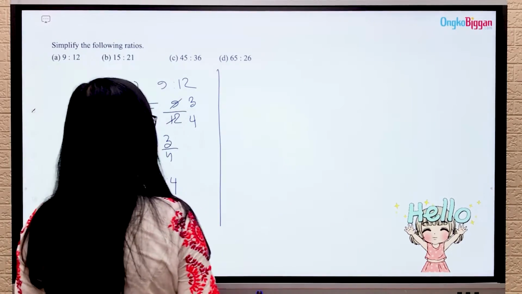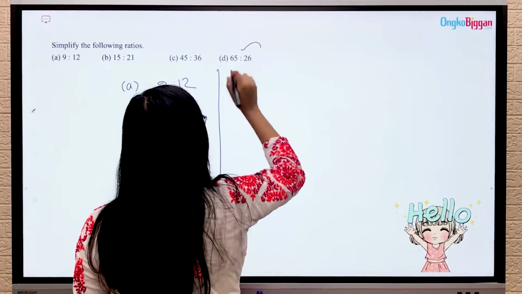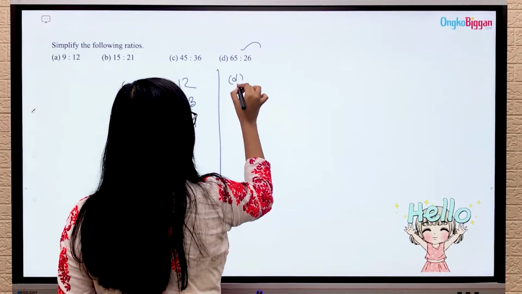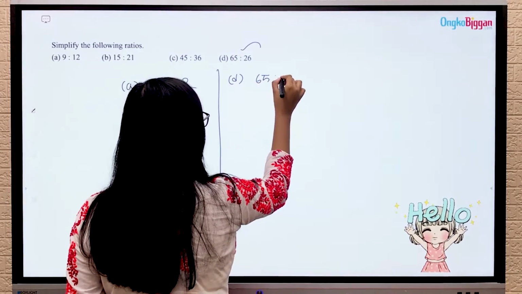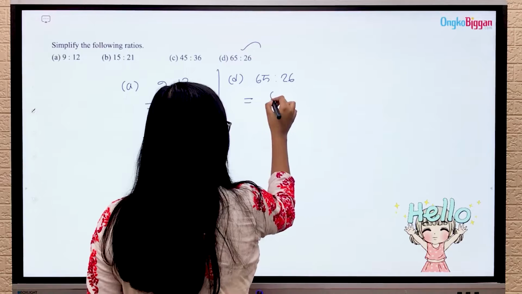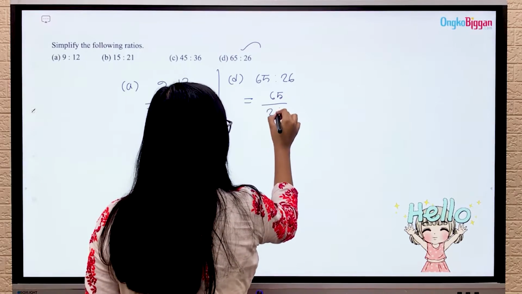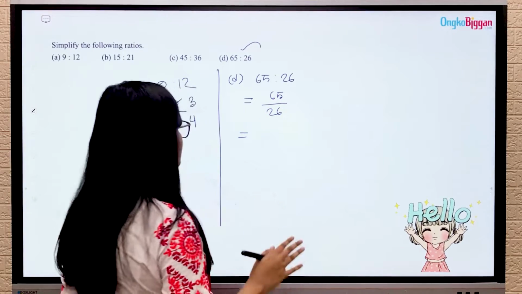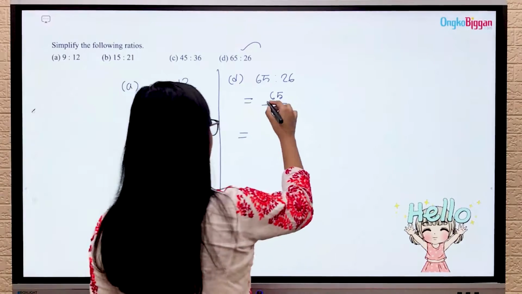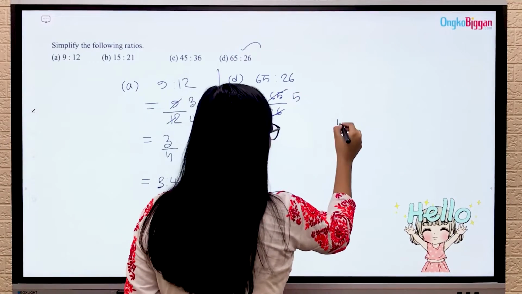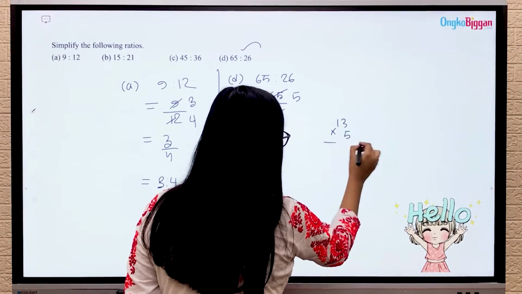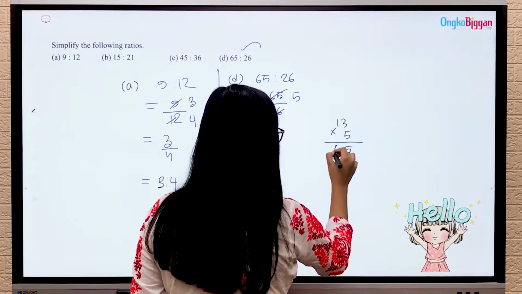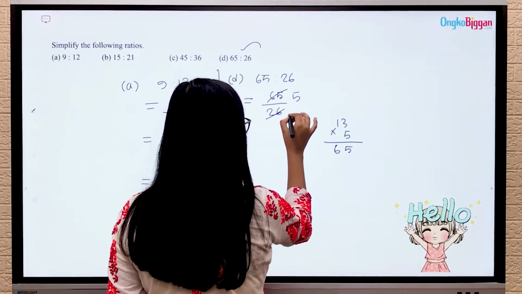Let's do another one like this. Number D, 65 is to 26. 65 by 26. If we cut by 13, we can see it will be 5. 13 times 5, you can check. Yes, 13 times 5 is 65. And 13 times 2 is 26.